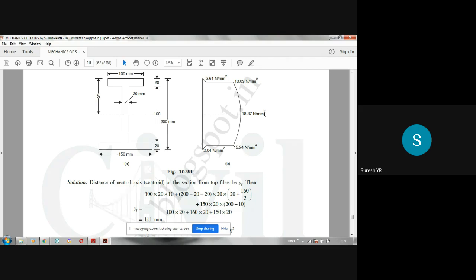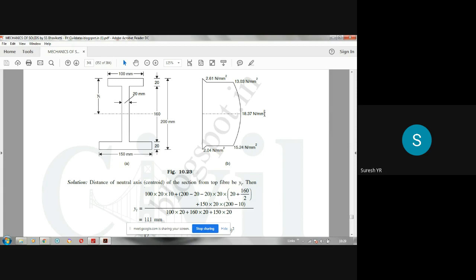There I have done many derivations and problems, plotting of BMD, SFD, point of contraflexure, point of zero shear. How to draw the bending moment diagram, how the profile will be, given the shear force diagram, how to find the bending moment diagram, all those things I have explained. Then special cases for different loading cases, simply supported beam, cantilever beam, how the BMD and SFD will be when a concentrated load acts, when UDL acts, when UVL acts, when an external couple acts, all those things I have explained.